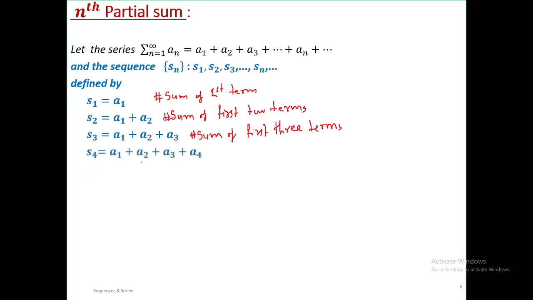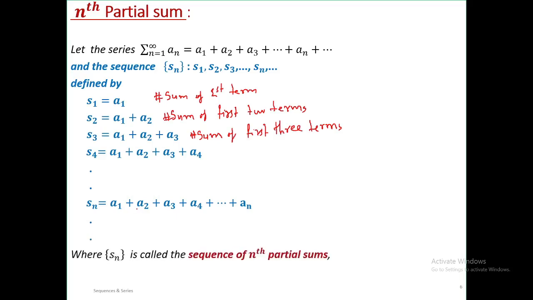So similarly my S4 is the sum of the first four terms. So like that I am generating the sequence, and similarly Sn means what? Sum of the first n terms, A1 plus A2 plus A3 up to so on n. Sum of the first n terms only. Make it very clear. So this is my sequence now.